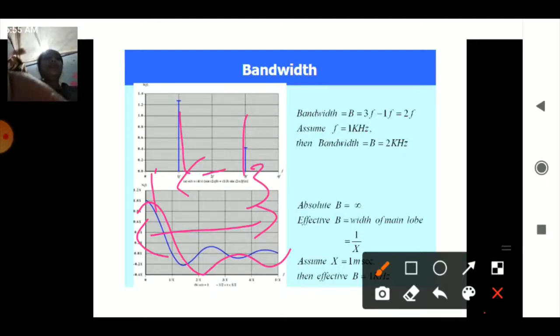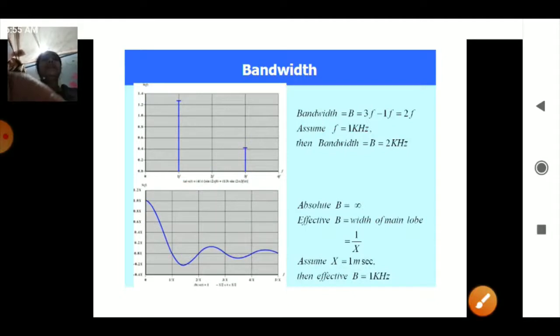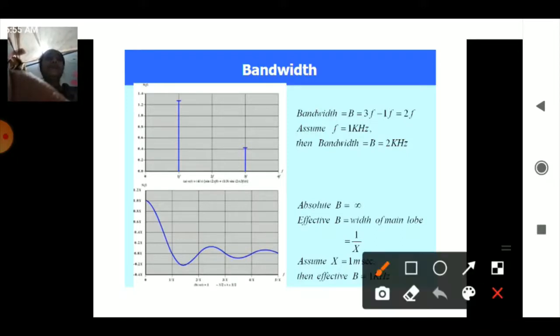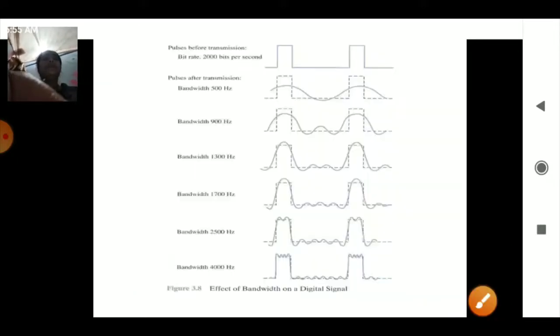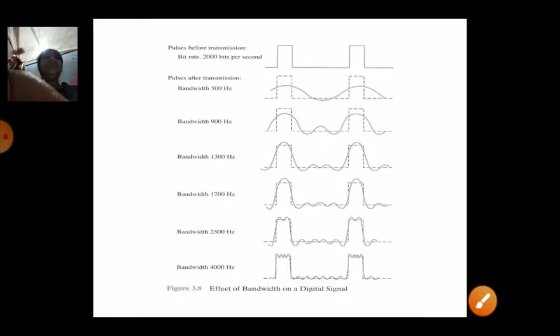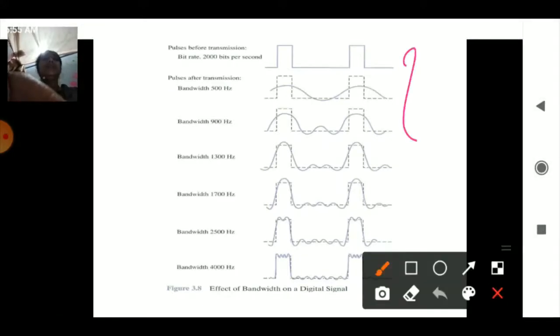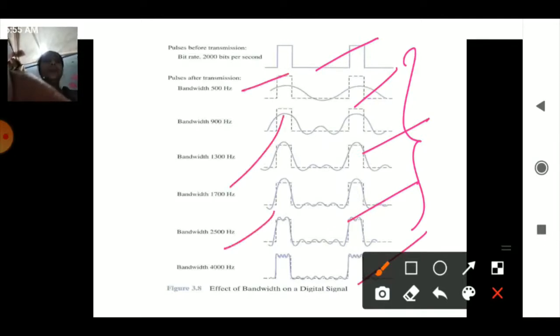That is said to be your bandwidth. Absolute is nothing but the infinity signal, and effective is 1 by x. These are the various bandwidth signals which are generated. You have multiple bandwidths at different hertz. At higher hertz you have the disturbance. When you have normal hertz you have normal ones.